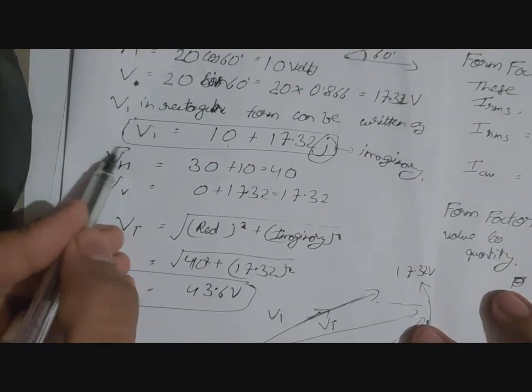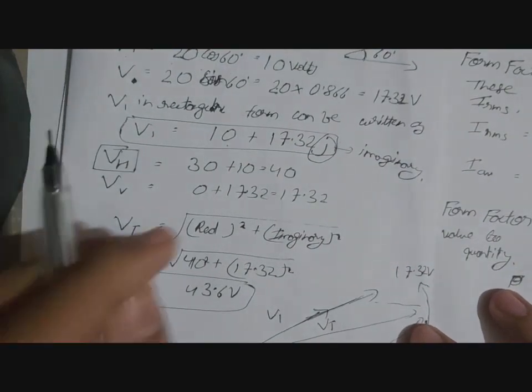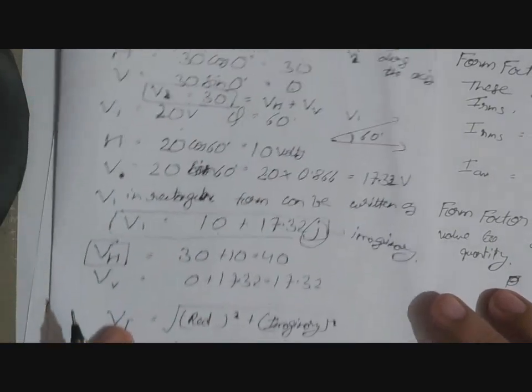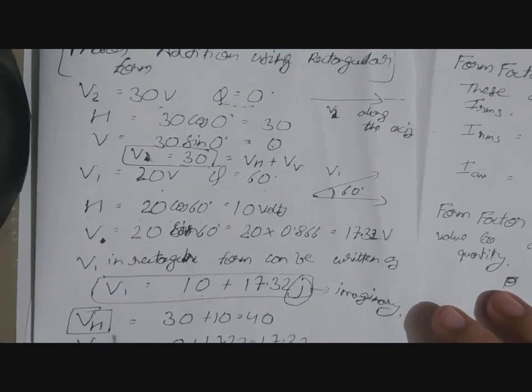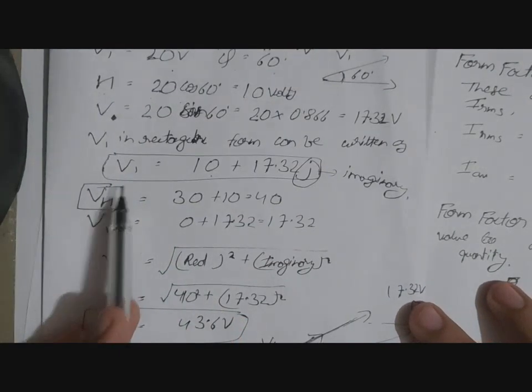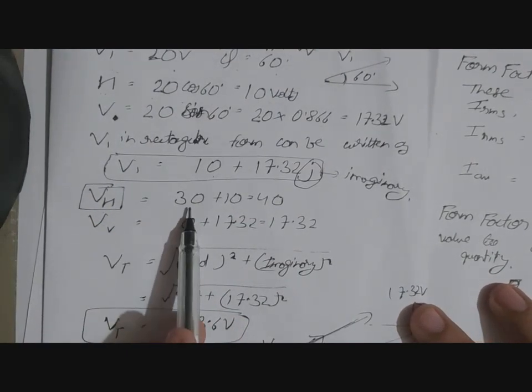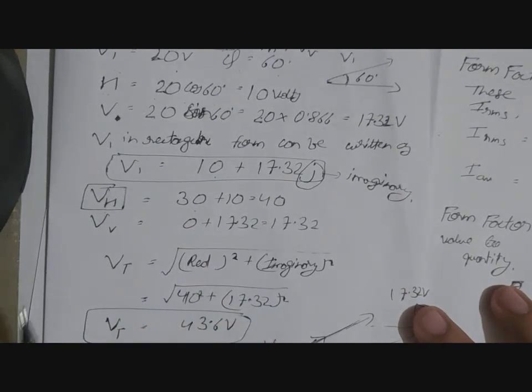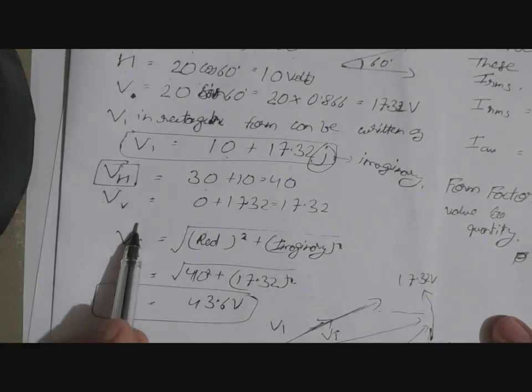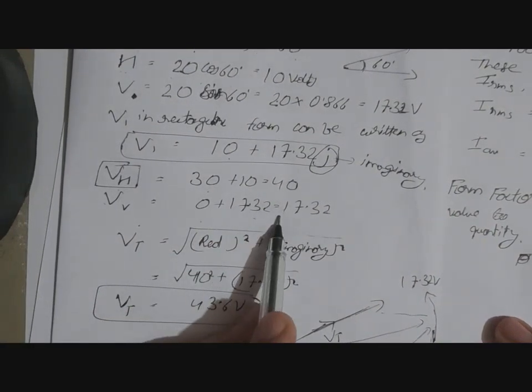So the total horizontal component, if we combine the horizontal components of V2 and V1, is 10 plus 30, which is equal to 40, and the total vertical component is 0 plus 17.32.